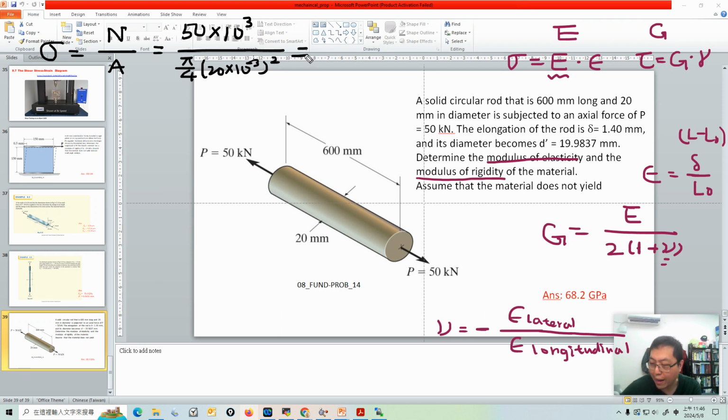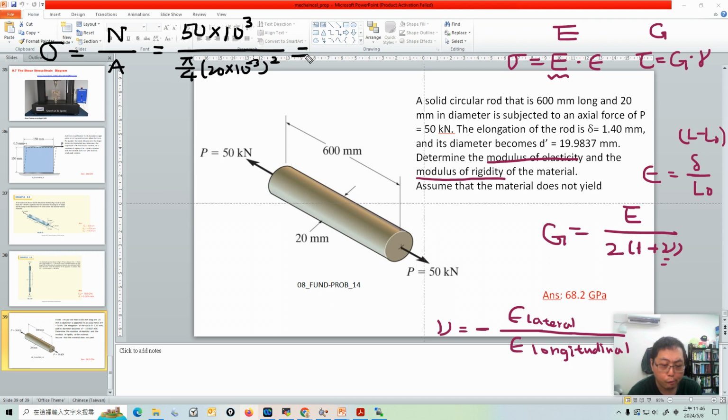What's the value? I didn't have the value in my notes, so let me calculate myself. 50 times 4, divided by 3.14, divided by 200.